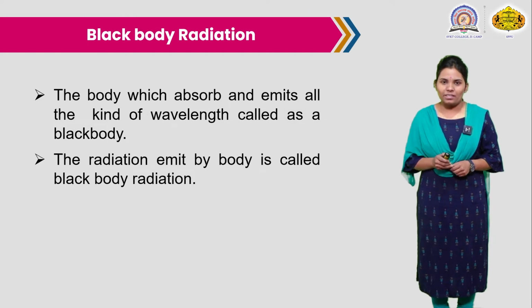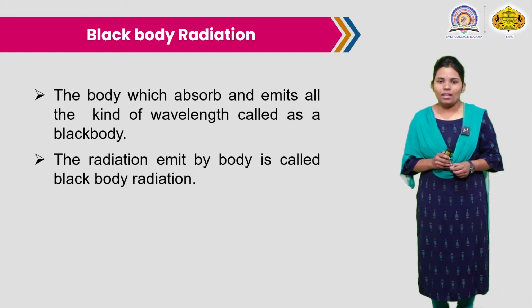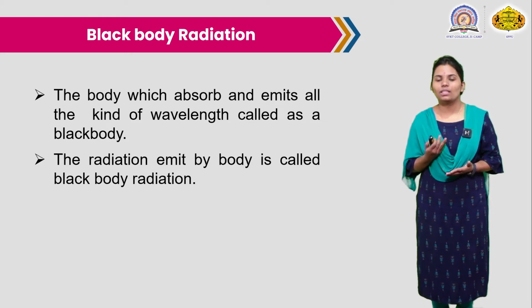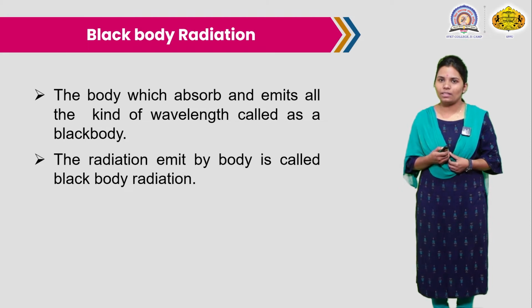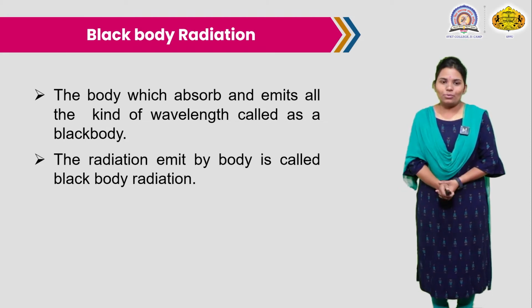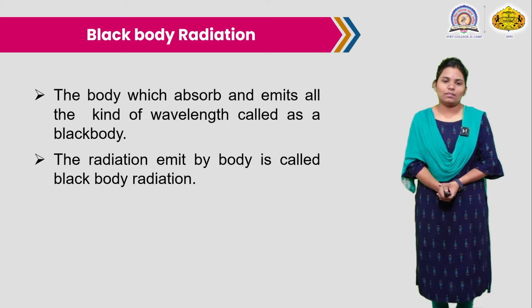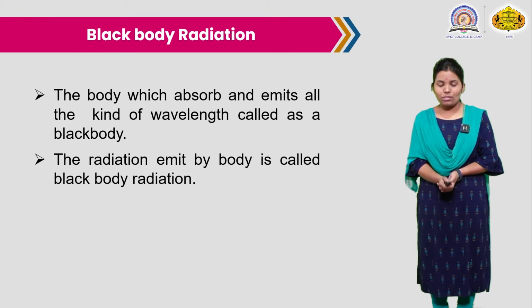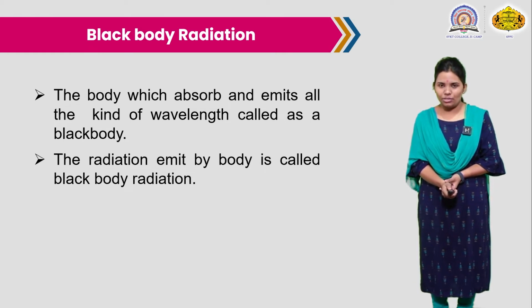The Sun is the perfect example of a black body, which emits all different kinds of wavelength. The wavelengths included are IR, UV, visible, radio frequency and cosmic rays. Because of that, in summer we do not prefer black clothes, because they absorb all kinds of wavelength, and because of that there is an increase in the temperature of the body.